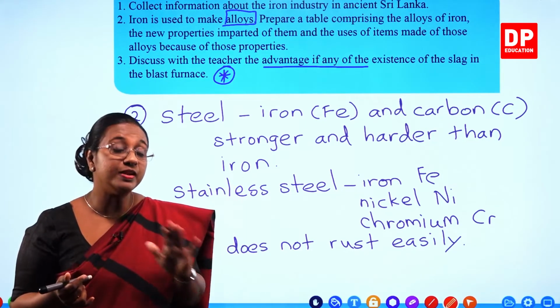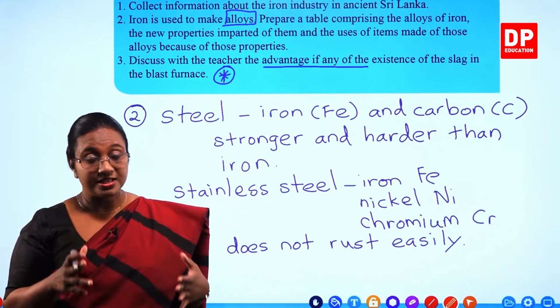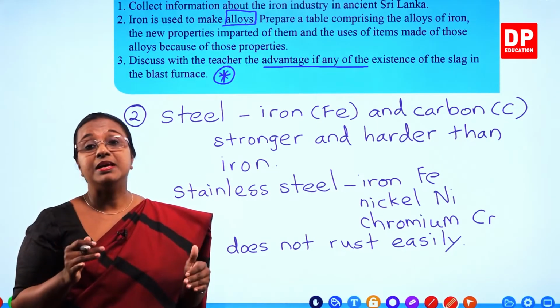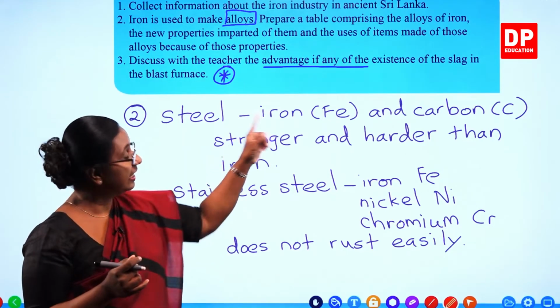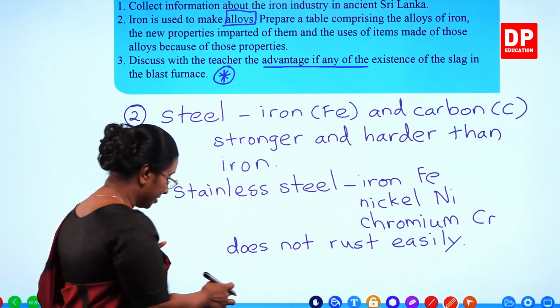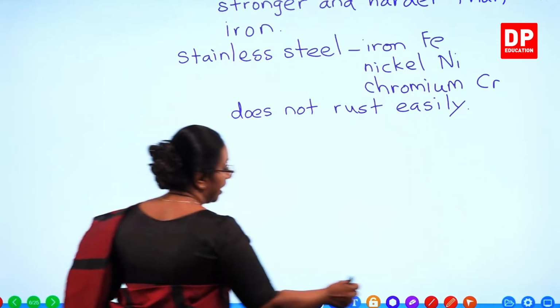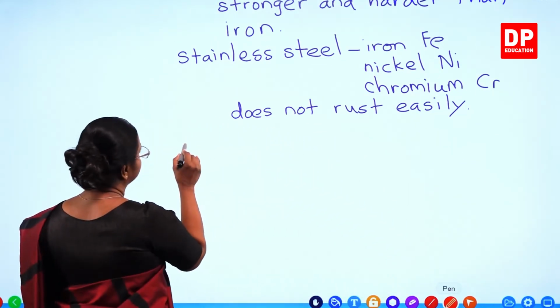So they are removed in the form of slag. So that is actually the removal of waste materials. But there it becomes an advantage when it exists in the blast furnace. So again, since this has been asked as a question, I will write that as well.